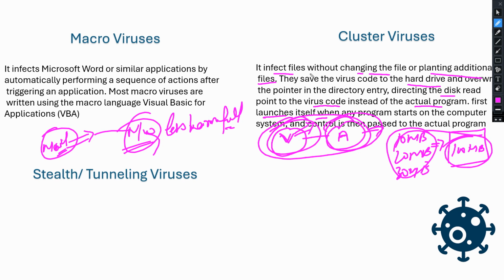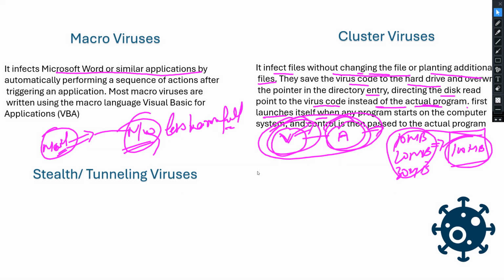What it is doing is saving the virus code in the hard drive and overriding the pointer to the directory entry, directing the disk pointer to read this instead of the actual program. That's it. The interesting thing is here there is nothing changed in the files. But here it infects Microsoft Word or similar applications.